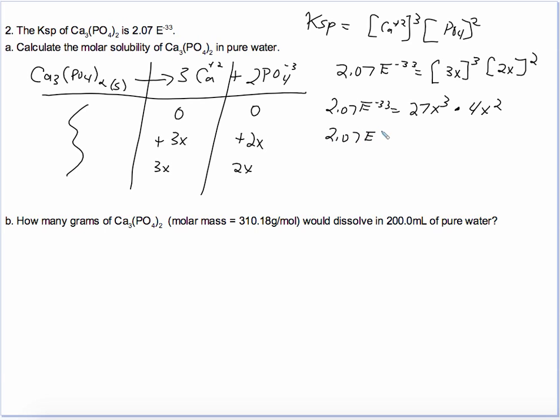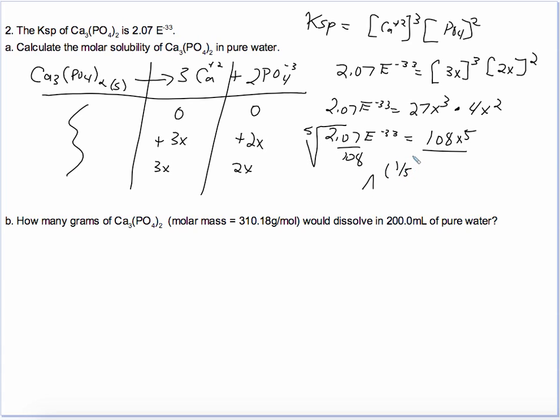And so then we end up getting 2.07 e to the negative 33 equal to, let's see here, 108 x to the fifth power. Divide both sides by 108, and then take the fifth root of that.